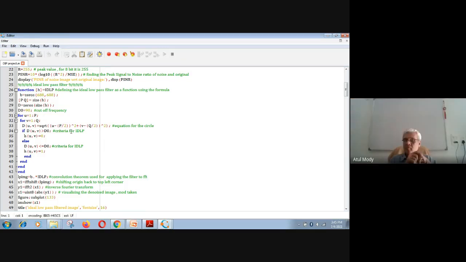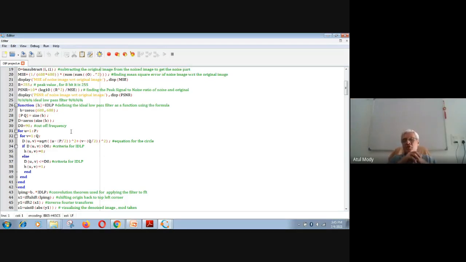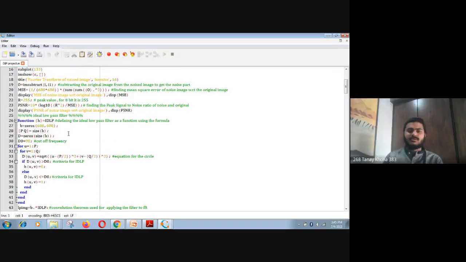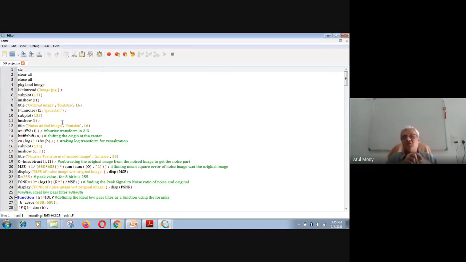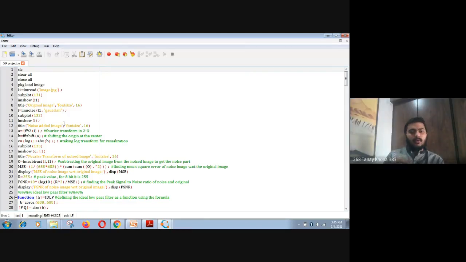Have you analyzed only the one image which you have shown, or have you analyzed more? No, sir. Only this image, the alphabet A tile image, we have analyzed. So how would you decide based on only one image? Sir, for that particular image we have seen all the filters.